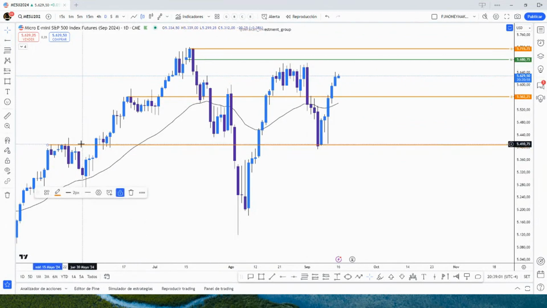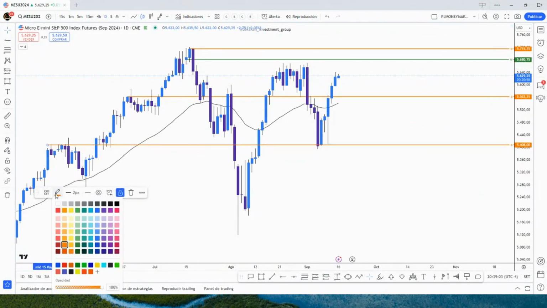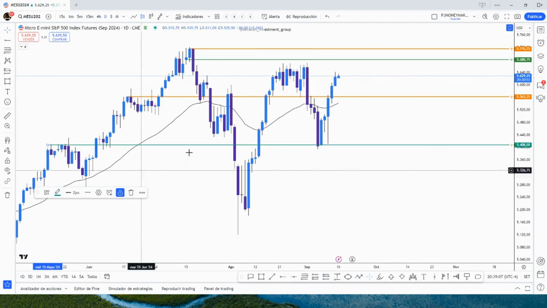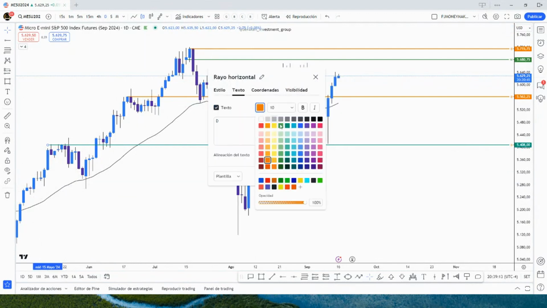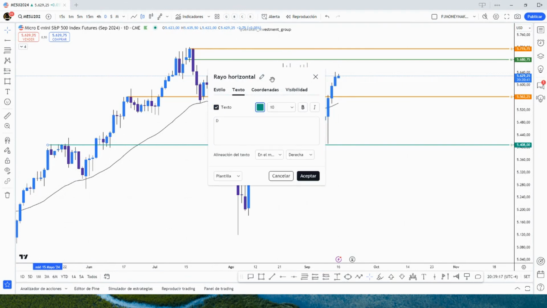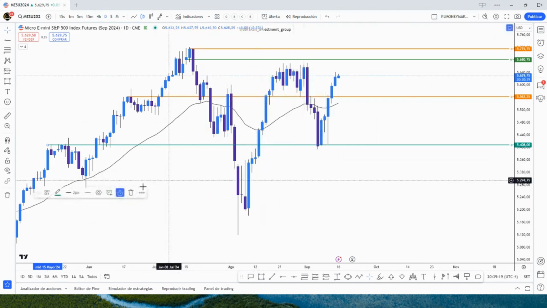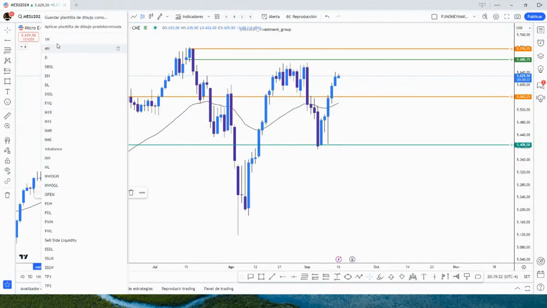Let's put this color in the daily. So the color will be this one. That's the daily right there. So the daily, we're going to save it here.